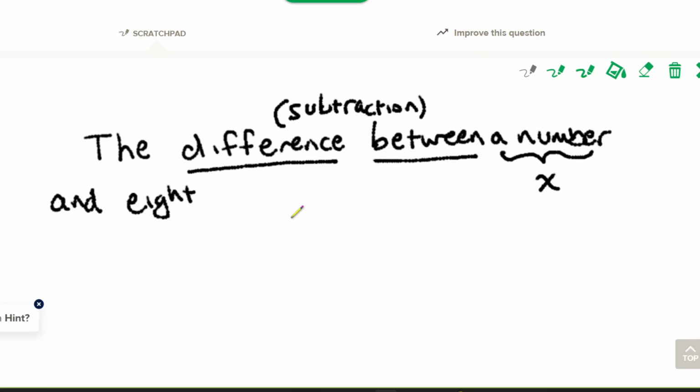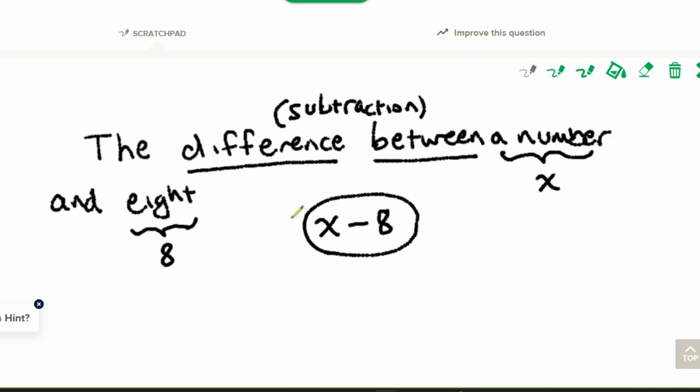I'm calling it x. And of course, the number 8 is just the number 8. So we're taking the difference between a number and 8. That would simply be subtract x and 8, x minus 8, the difference between a number x and 8.